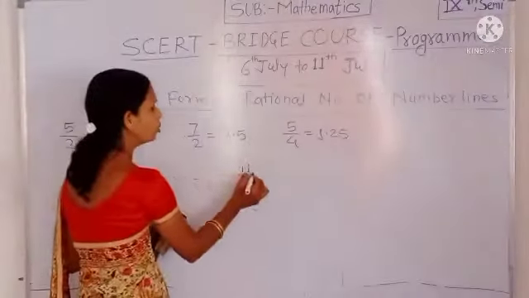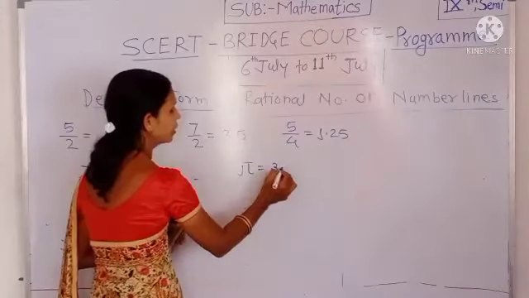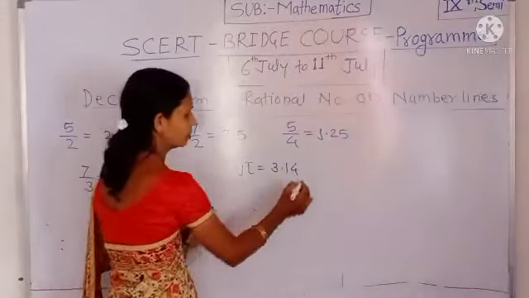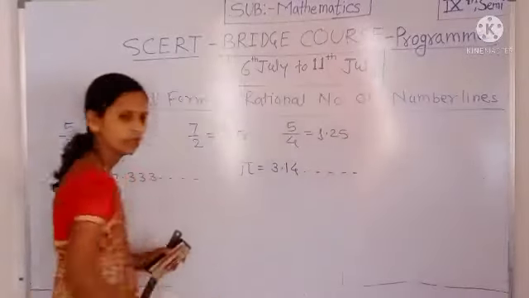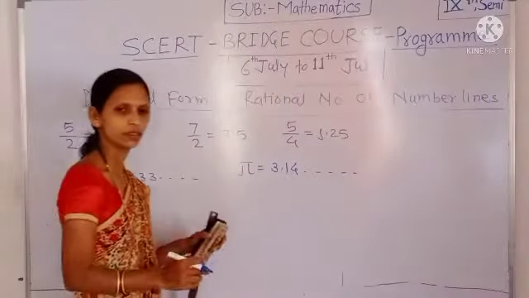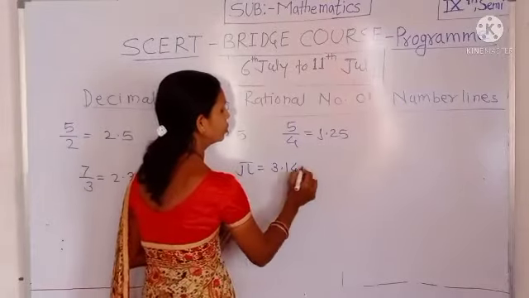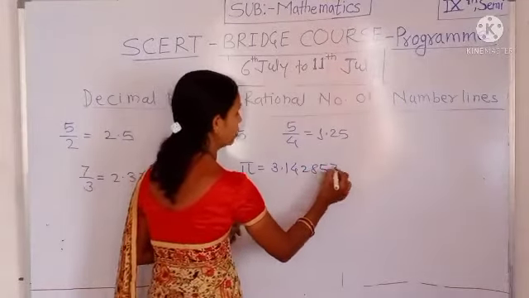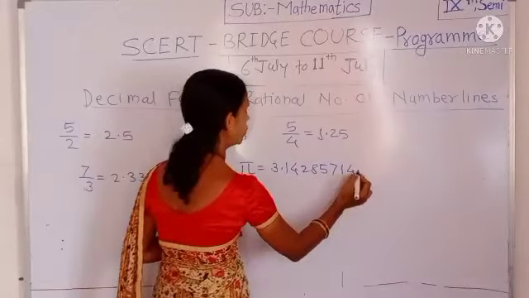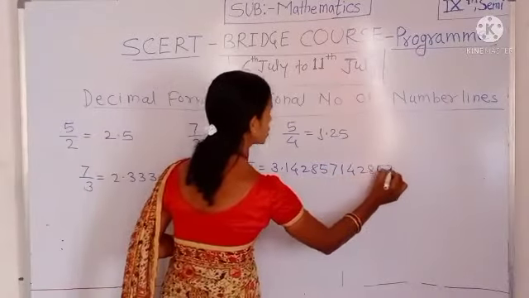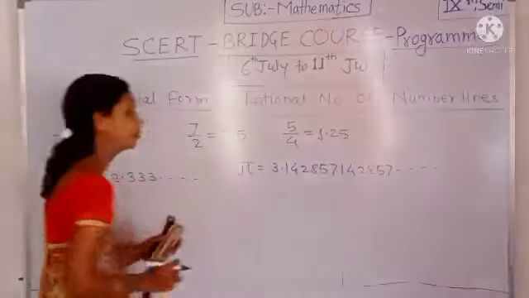All of you have studied the value of pi, 3.14. Similarly 3.142857, and the digits 142857 are repeated again and again to infinity.